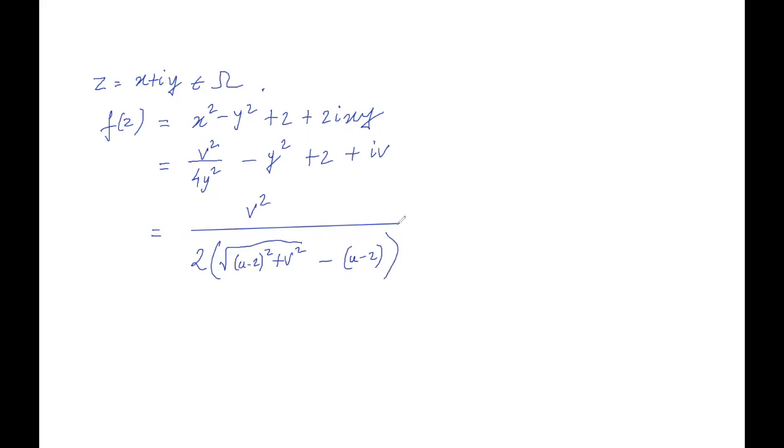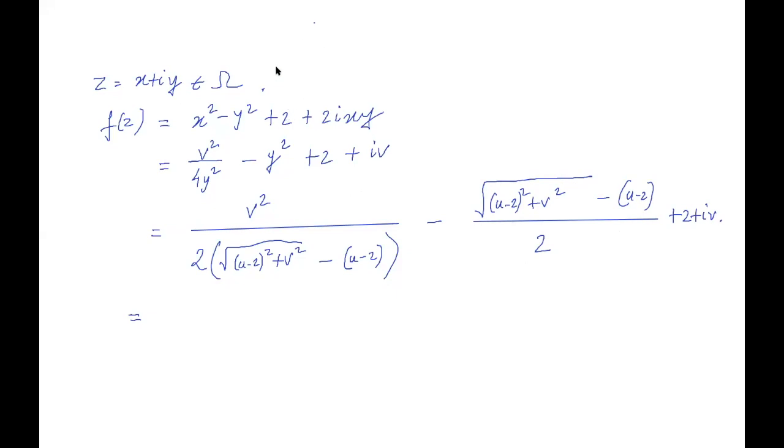So I'm just putting the value of y now, and this is negative of root of u minus 2 whole square plus v square minus u minus 2 by 2, and plus 2 plus iv as they are.